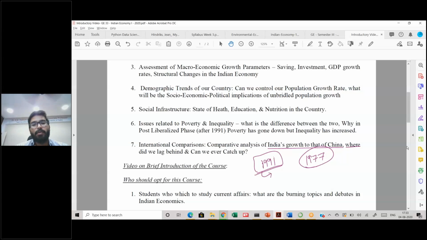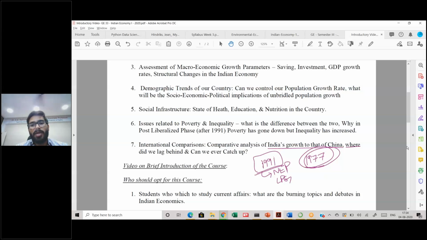It's only after 1991 that we adopted what is called the new economic policy, or what we call the LPG reforms. Whereas there was something different about the 1977 reforms of China, which is also called the Great Leap.